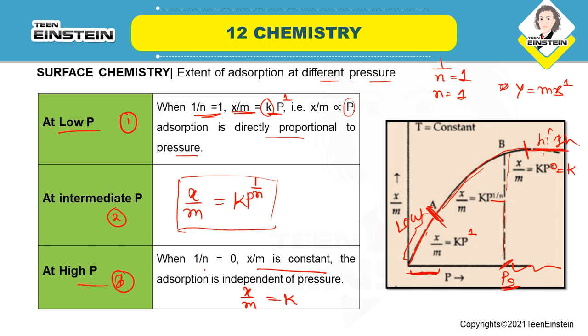And again when 1 by n is 0, that means again it is not in the range 0.1 to 0.5. In this case, this nature of the curve, it will be such that the adsorption is not dependent on pressure. That is why now the line is parallel to x-axis. Okay, so this is the correction in last class.